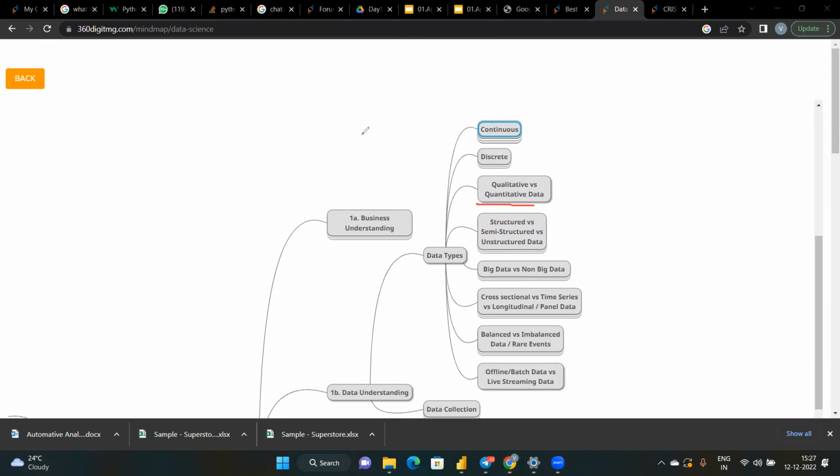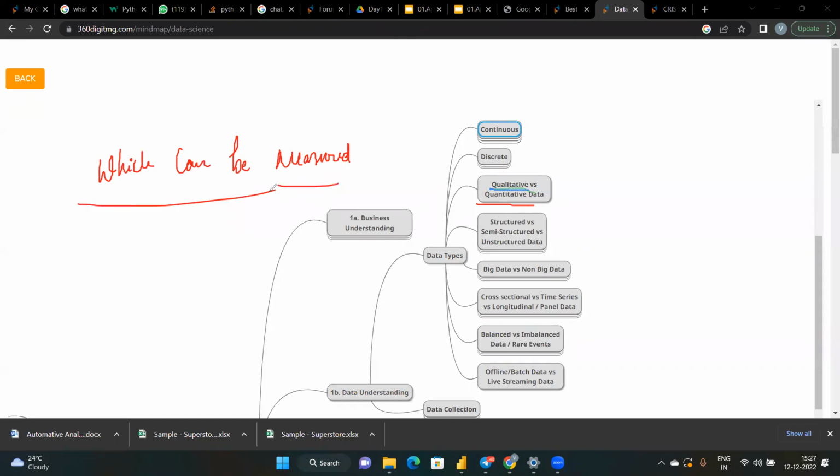Let me change the color so it will be easy for you to understand. Whenever I write in blue color, think it is about qualitative. Whenever I write in the other color, it's all about quantitative. The terminologies are similar, so I don't want you to get confused. Quantitative is that which can be measured, guys.